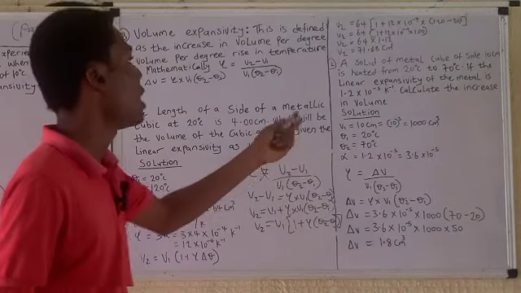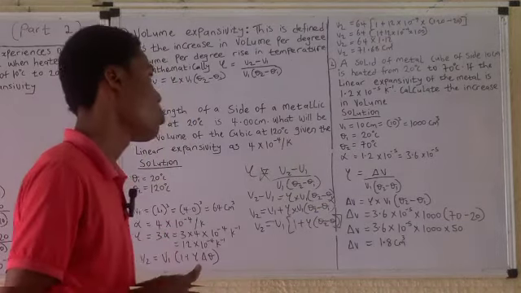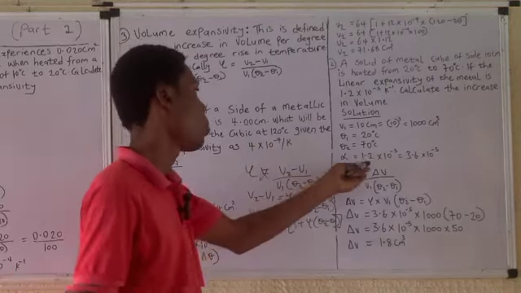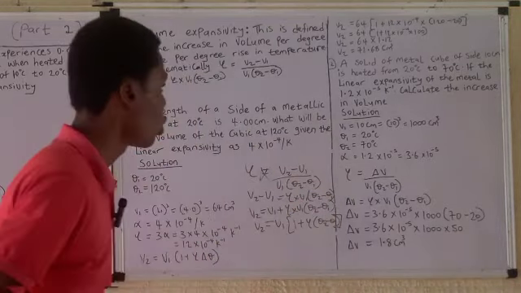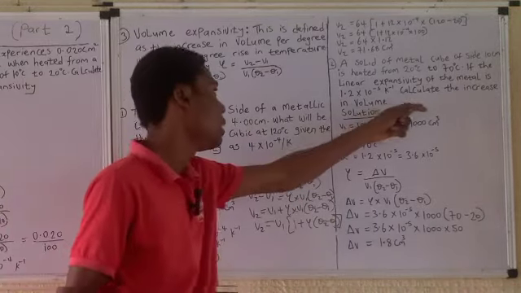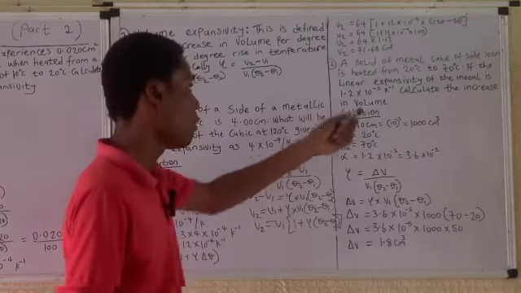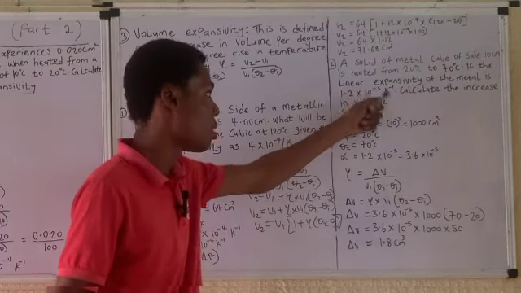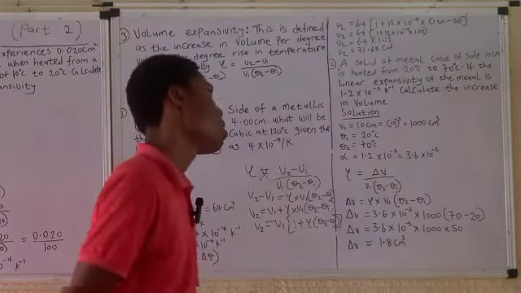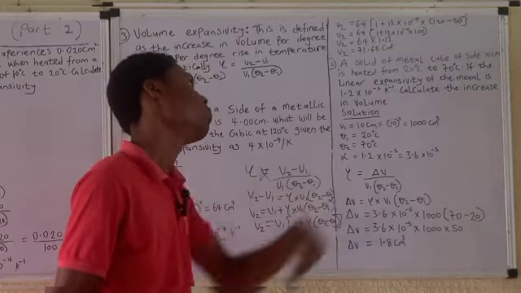So they said the linear expansivity of the metal is 1.2 times 10 raised to power minus 5, so our linear expansivity is 1.2 times 10 raised to power minus 5. But they said we should calculate the increase in volume. Remember, they gave us linear expansivity, so we have to convert this linear expansivity to volume expansivity before we can calculate the increase in volume.